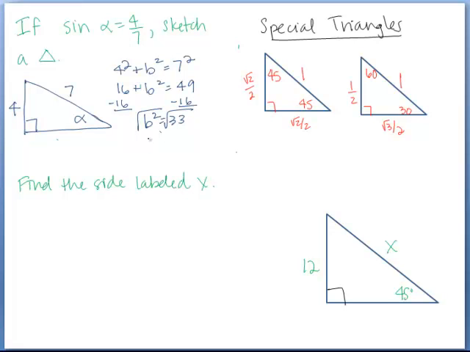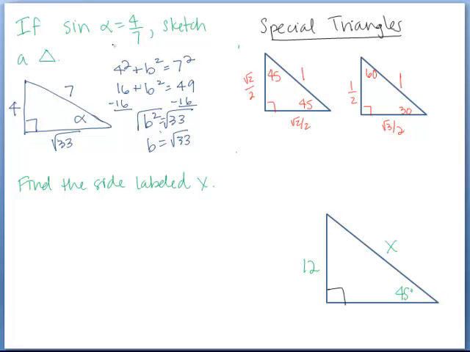Take the square root of both sides, so b equals root 33. So now that we know that this side is root 33, we could find all 6 trig functions of alpha, never even knowing what the angle alpha actually is. We just need the side lengths to find the actual angle.